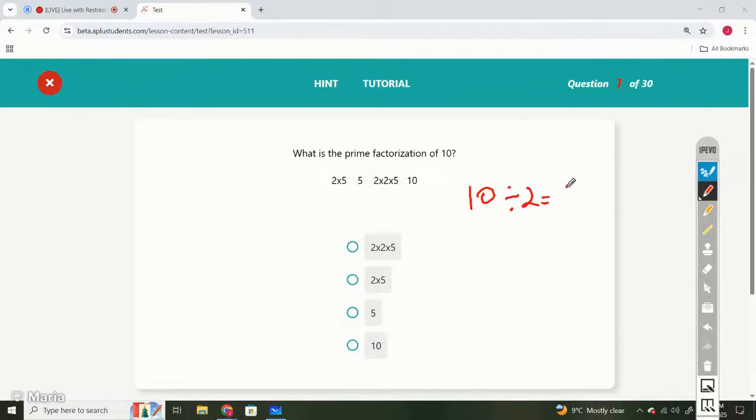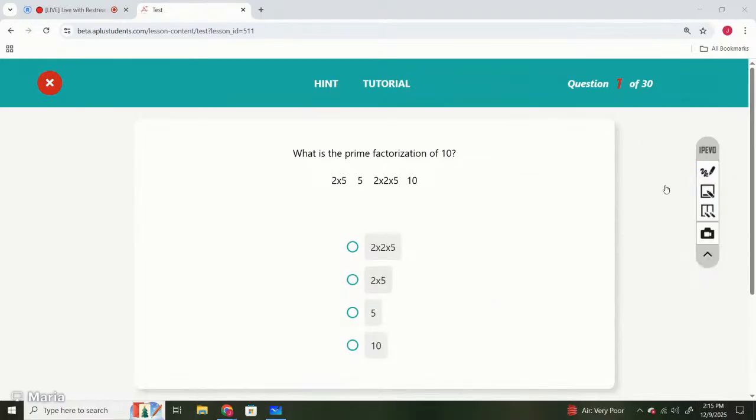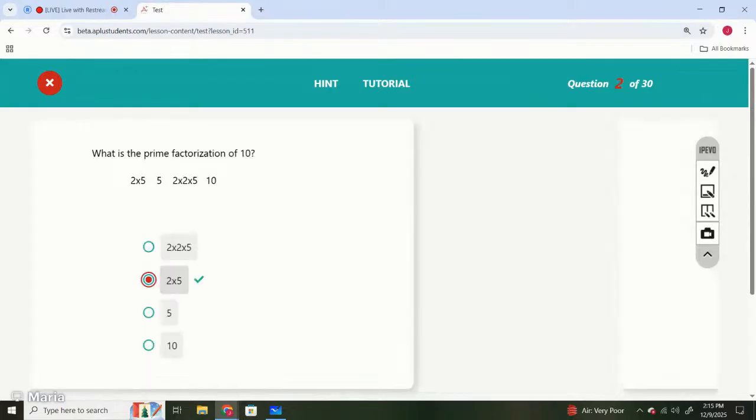So 10 divided by 2 is 5, right? Now again divide 5 by the smallest prime number, that is 5. So 5 divided by 5 is 1. So these are the prime factors of 10. They are 2 times 5. Option number 2 is the correct option. The prime factors of 10 are 2 times 5.